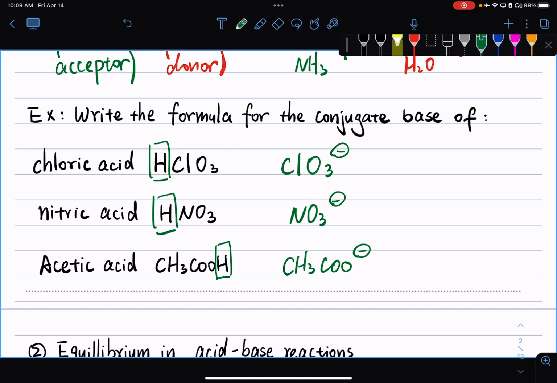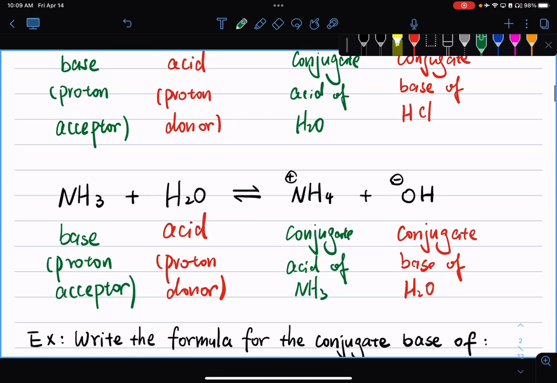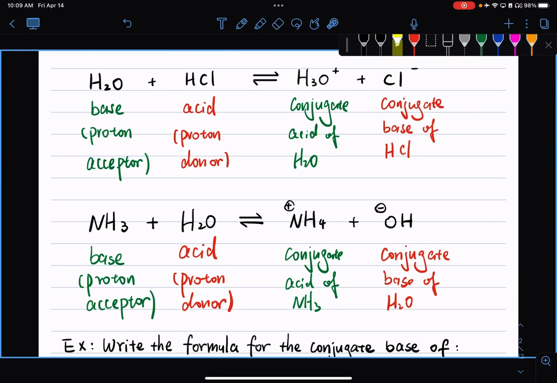So now, that's a qualitative understanding of the Bronsted acid-base concept. If we look at these two reactions, we'll soon find out that it depends on what kind of other reactant you have. For example, water here: when water is reacting with hydrochloric acid, it's acting as a base, and when water is reacting with ammonium, it's acting as an acid.